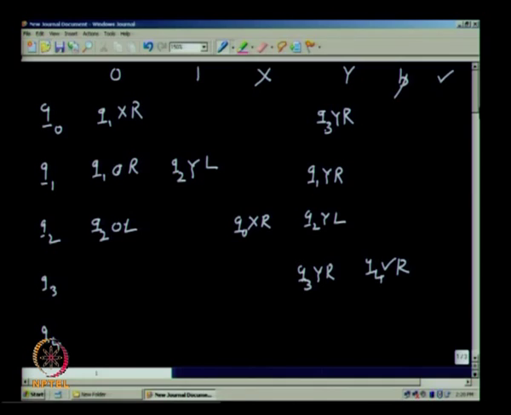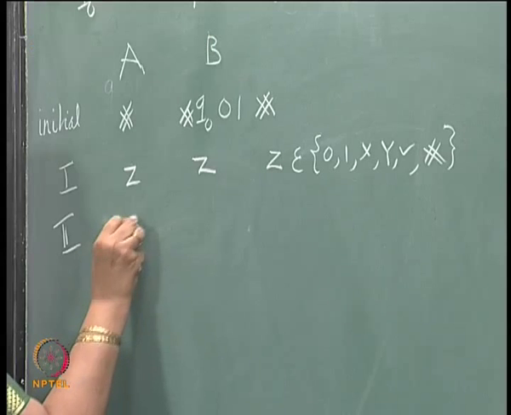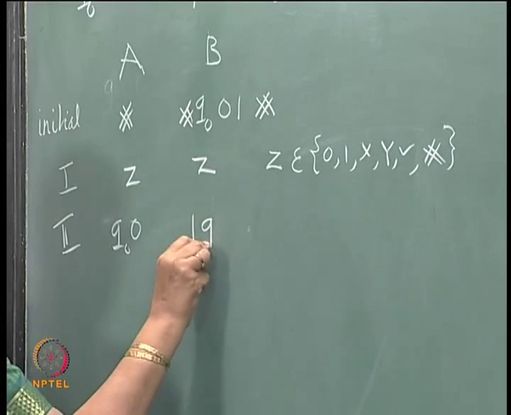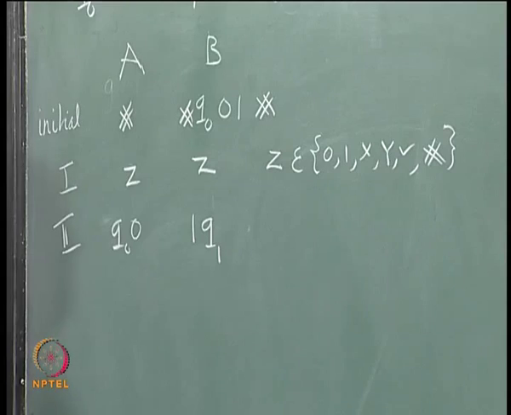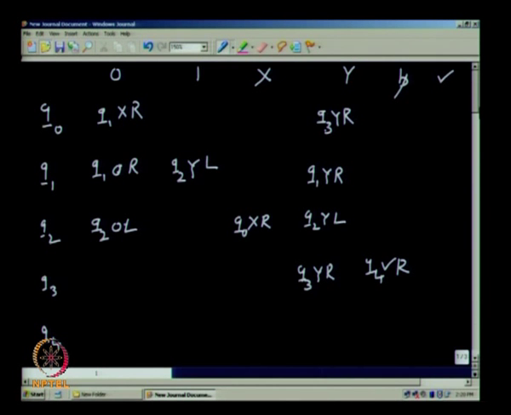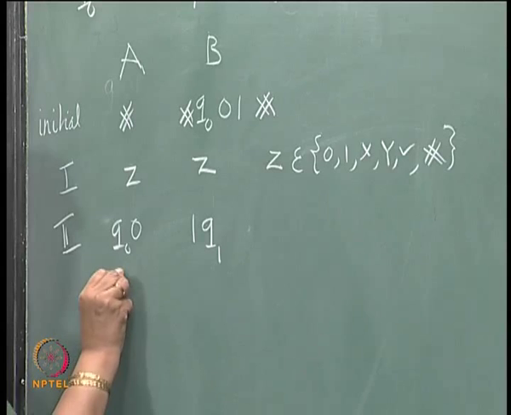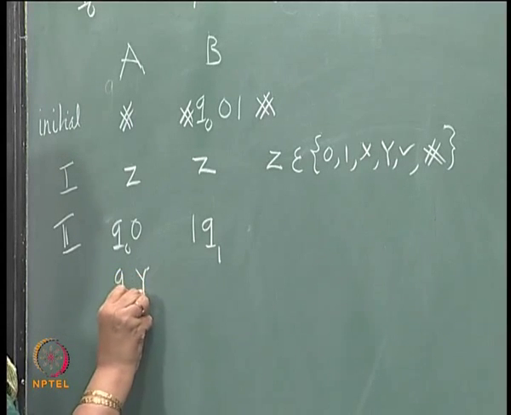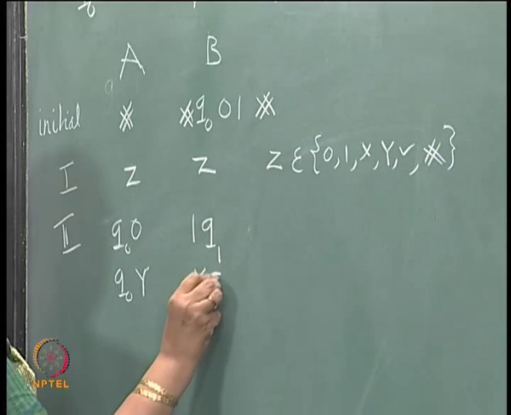Then group 2 should simulate the moves of the machine. What are the pairs? Q naught 0 is Q1 X R, so the pair is Q naught 0 and X Q1. When the move is right, there will be only one pair. When the move is left, there will be several pairs. Then Q naught Y is Q3 Y R, and the pair is Q naught Y, Y Q3.